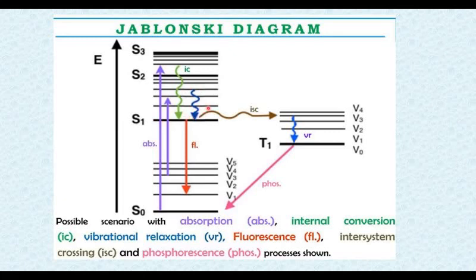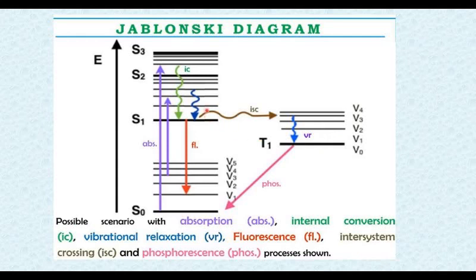In S1, the vibrational relaxation is shown here, and in T1, vibrational relaxation is shown here. Here we can see V0, V1, V2, V3, the different vibrational energy levels within T1.